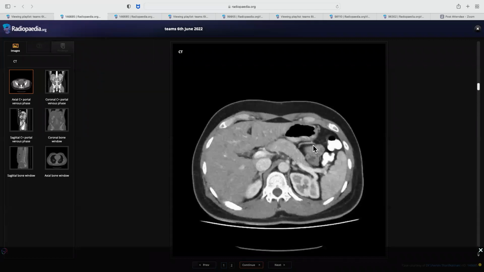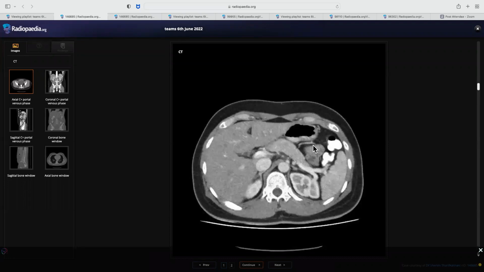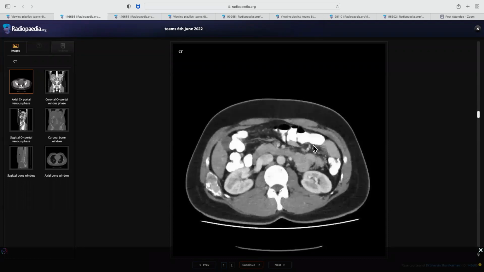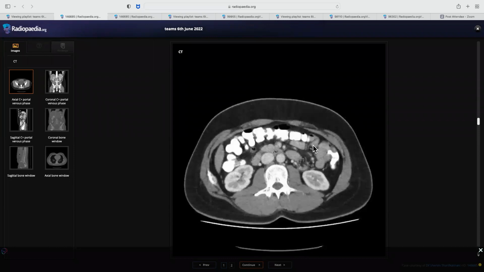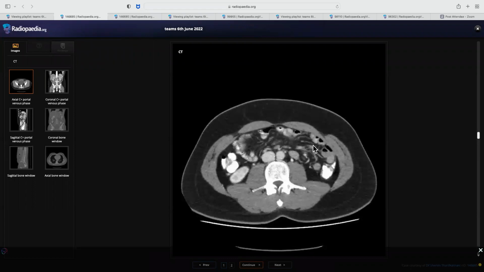The visualized portions of the liver and spleen are normal. I'm trying to look for any renal mass. Both kidneys appear normal.